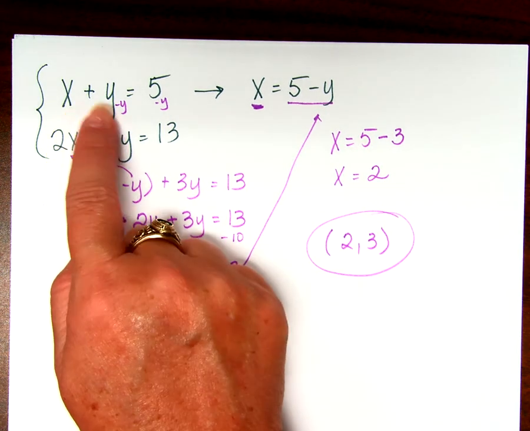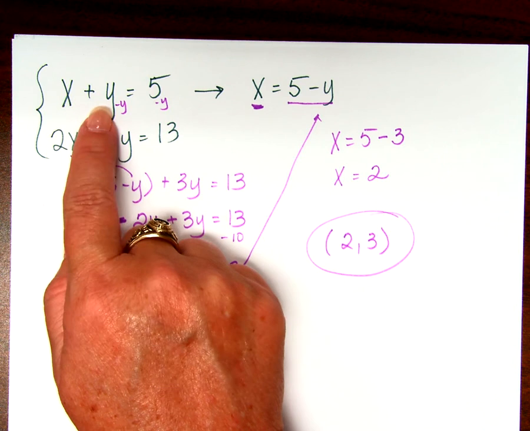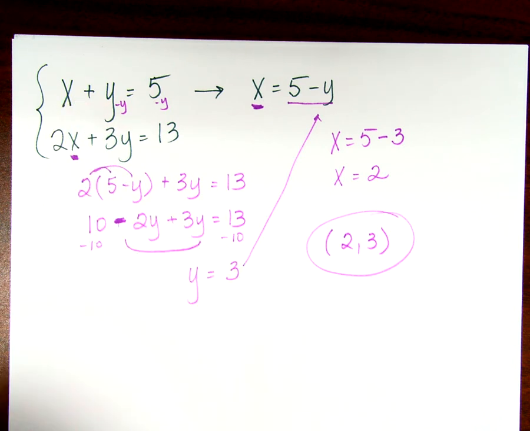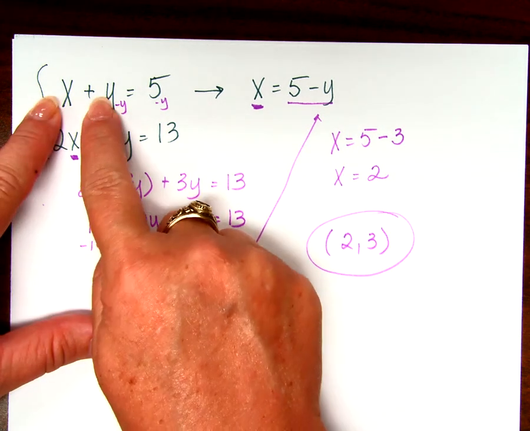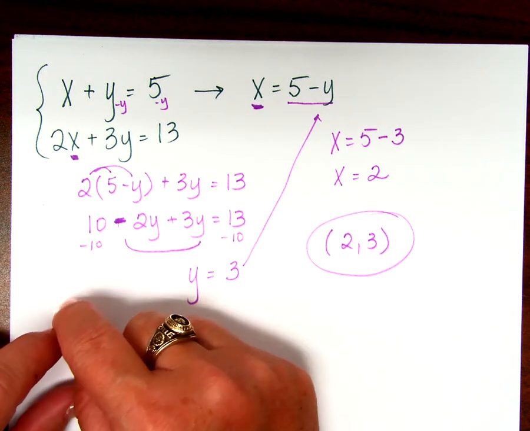What if there's not one with a 1 as my coefficient? What if there's not one? Talk to me about it. What should you choose instead? The smallest. Okay, if this was a 4 and this was a 5, what would we choose?